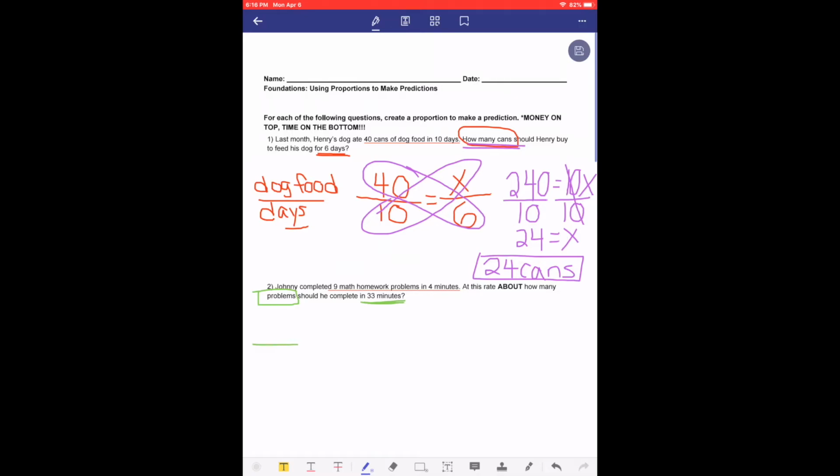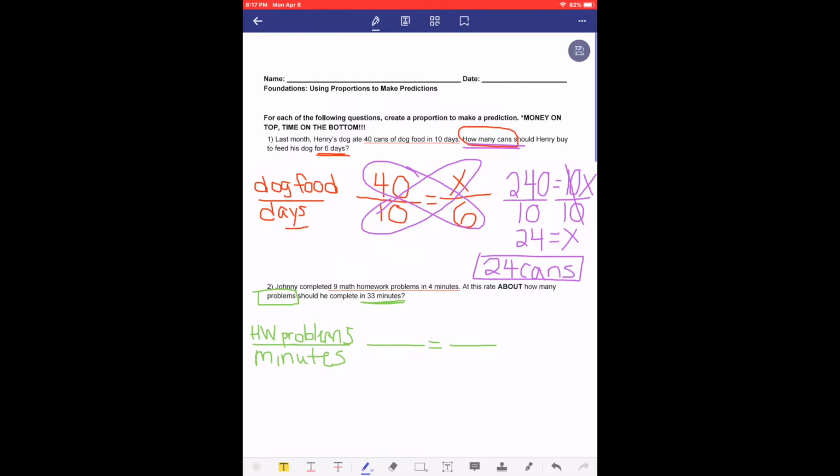So if I was to make my proportion, if I want to label it first, homework problems would be in the top. And the denominator would be minutes because minutes is a measurement of time. Okay, so my two fractions that equal each other for a proportion.